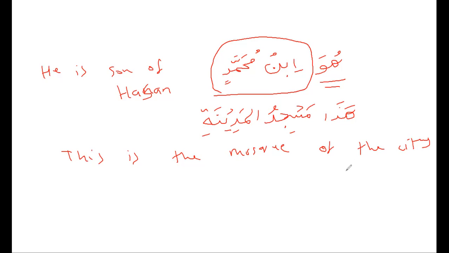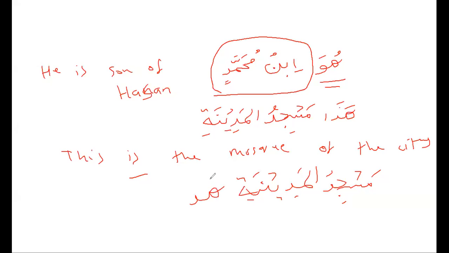If you want to say "this mosque of the city," because if you say haza first and then masjid al-madinati, it becomes a full nominal sentence: this is the mosque of the city. What we do, and this is specific to idafa, is say masjidul madinati haza. It means this mosque of the city.